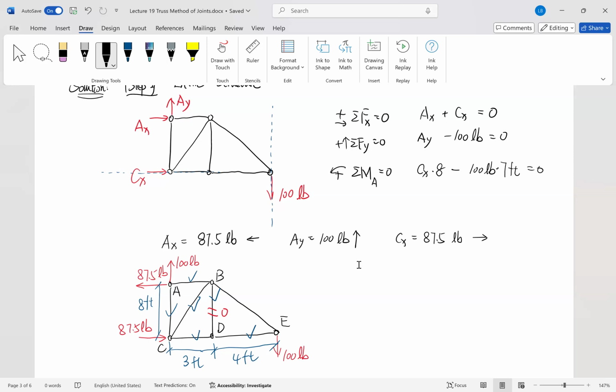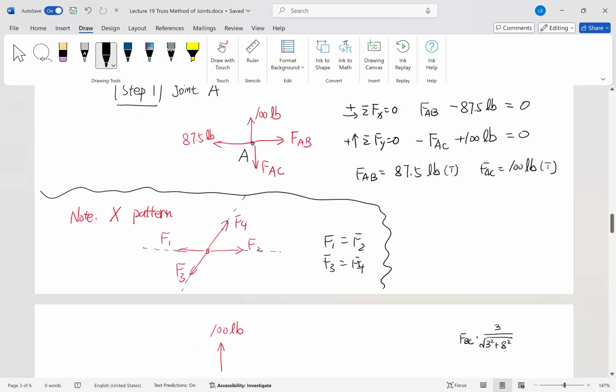That is a long process, but each step is basic force analysis. Eventually it will help you solve all the unknown member forces here. It is more organized.